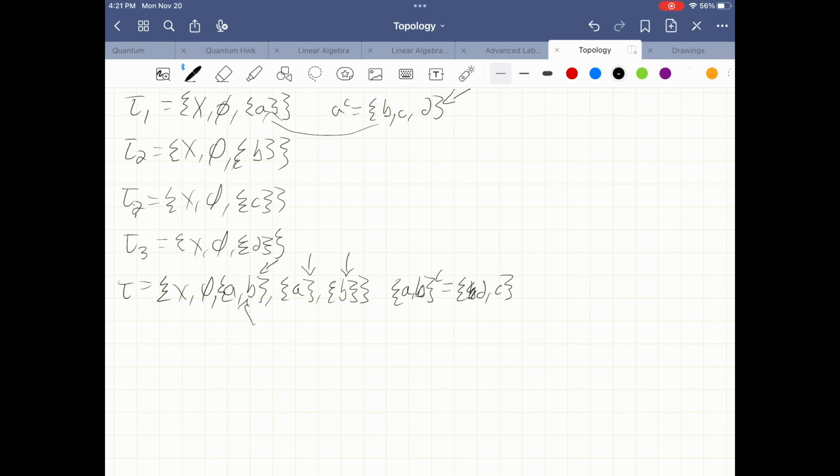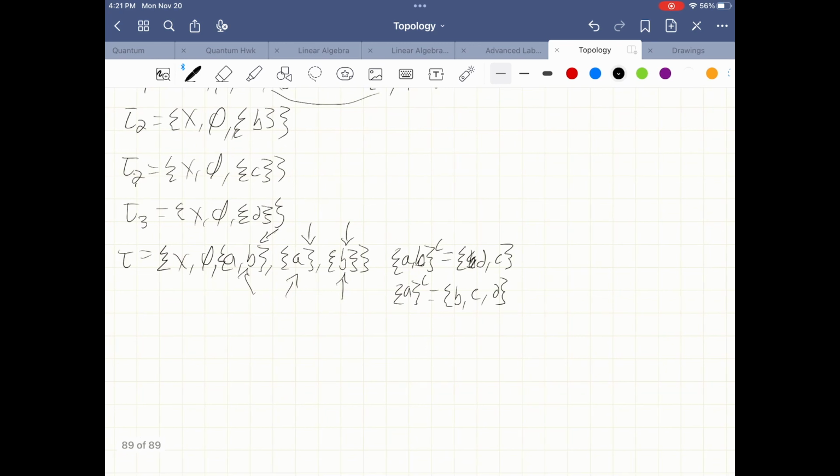Then we also see that the complement of any of these single elements, say A complement, would be B, C, and D, which is also not included in this topology, meaning that it's closed. So this satisfies the door space property.